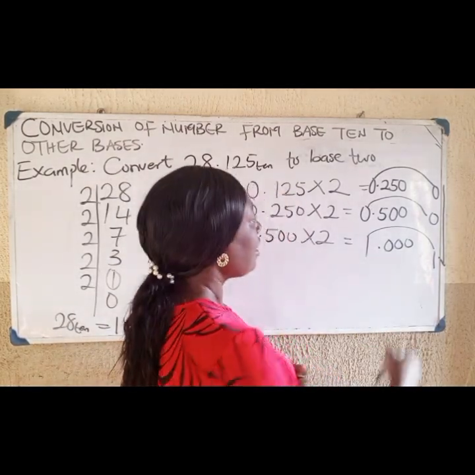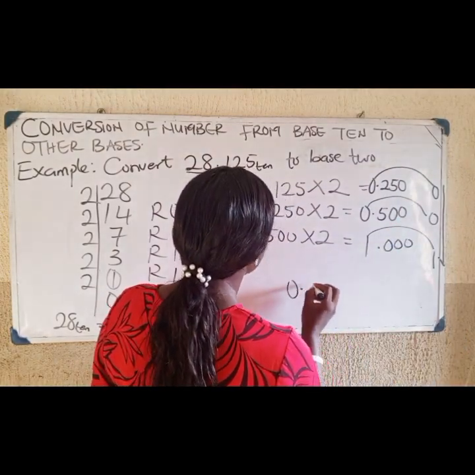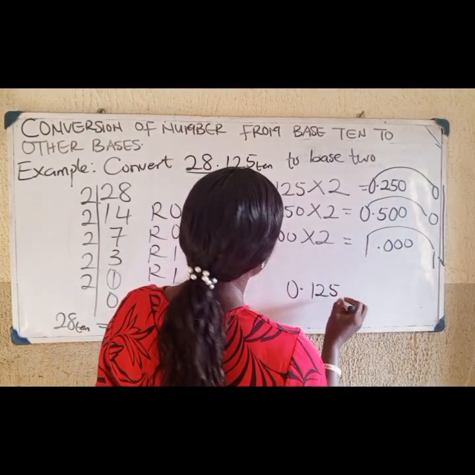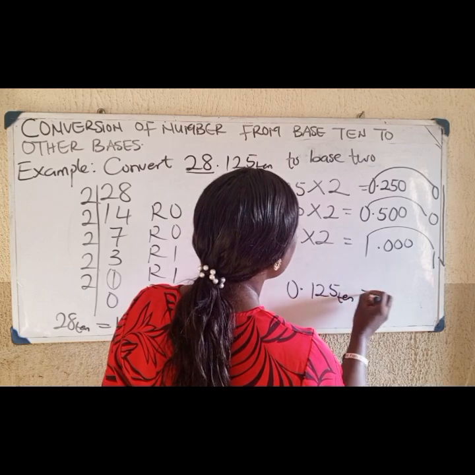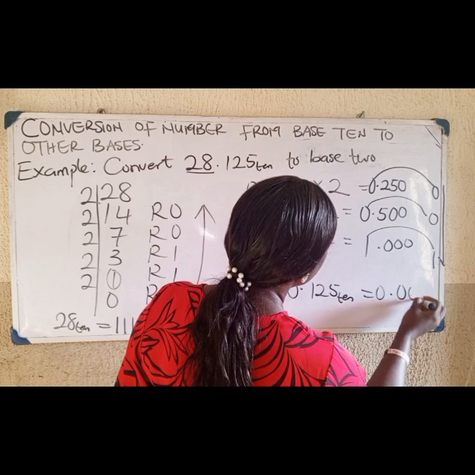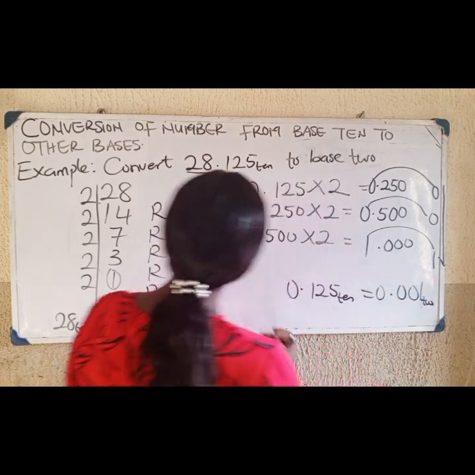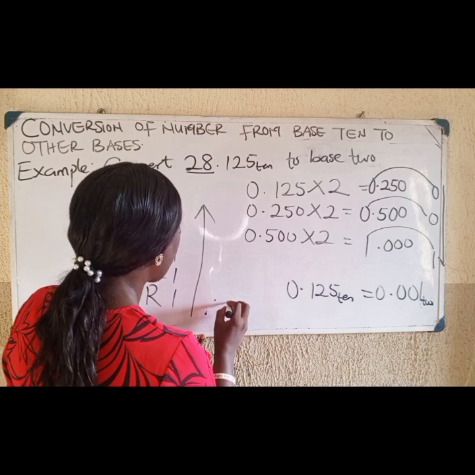Do you understand what I mean? I'll read from up to down. So 0.125 in base 10 is equal to 0.001 in base 2.